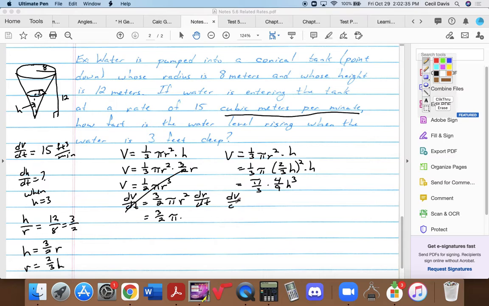So now dv dt is going to be pi times 4/9 h squared dh dt. I multiplied the 3 times the pi over 3. And you would just substitute in what you know. This is 15, pi 4/9, h at the time in question is 3, times dh dt. Solve that for dh dt. It's 15 over 4 pi. Feet per minute.